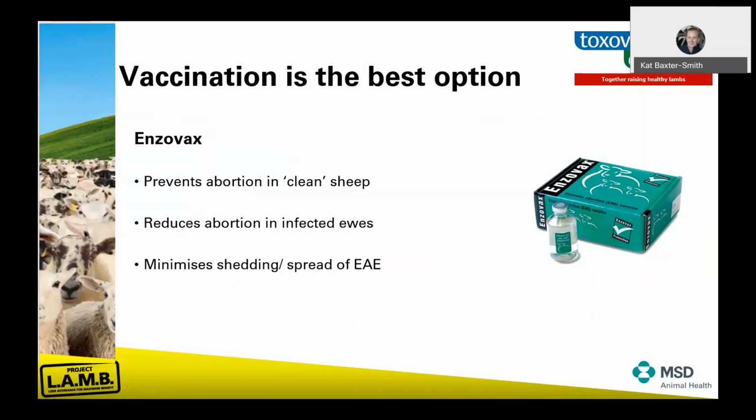So these sheep that are latently infected will always be latent carriers, and they will always have issues to an extent, as in there may be some shedding and they may still abort. However, if they are vaccinated, the vaccine will massively reduce the shedding, particularly, so the risk of infecting others is much reduced, and it will reduce the risk of abortions too.